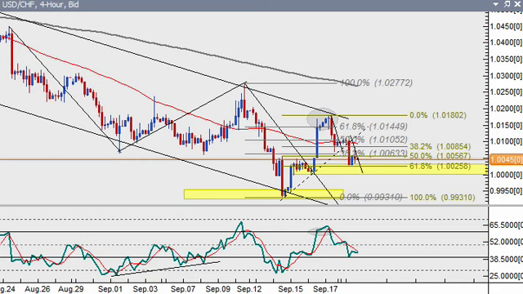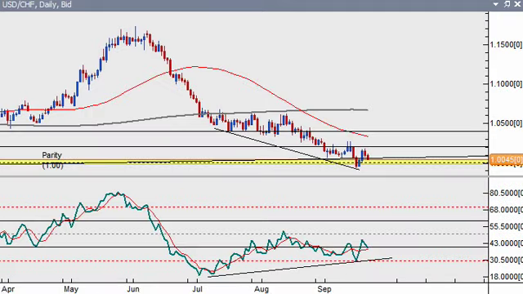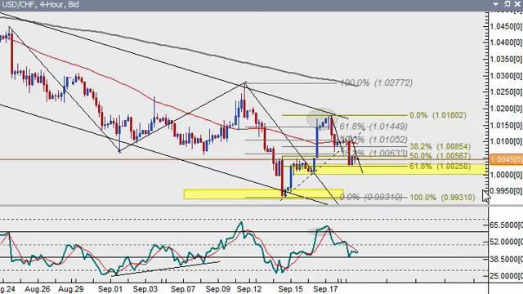But even then, we would look for some range resistance. In the daily, you see range resistance at 1.04, as it is the support area of this consolidation area. Here the market is also supported just below parity at about the 0.9950 area.